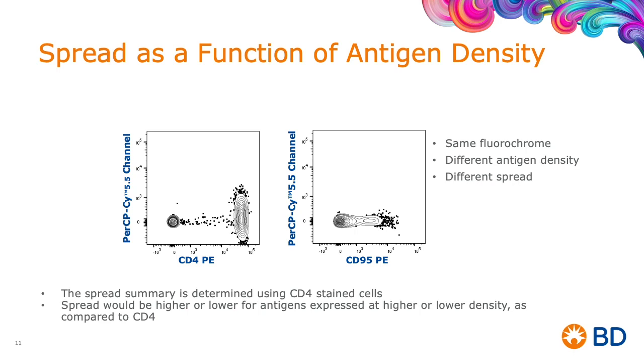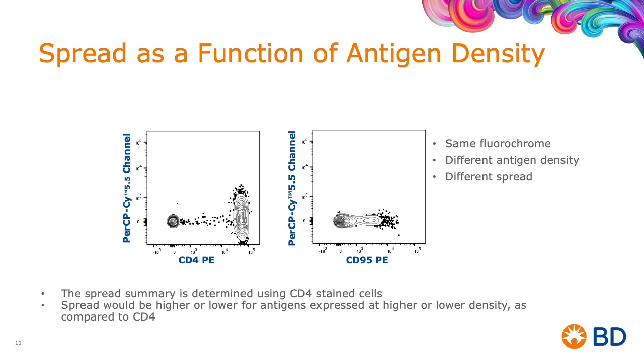And as a function of this, you can appreciate that the spread is much lower when we use CD95 with PE. So again, this reinforces the concept that the spread summary generated with CD4 is a good reference for a watch out, because the PE and PerCP-Cy5.5 will look like a red box. This does not mean that those two fluorochromes may not be used together. It means it's a watch out.